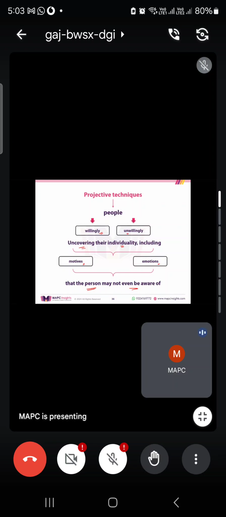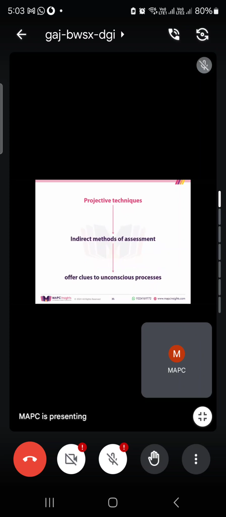Most of the time people are not aware of these emotions, these unconscious thoughts and motives. Projective technique is an indirect method of assessment. Here clues are offered about the unconscious processes.